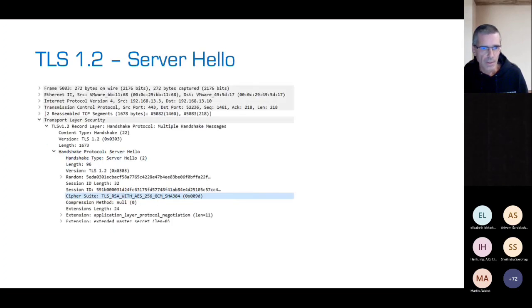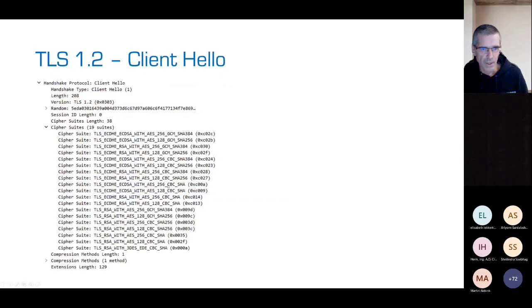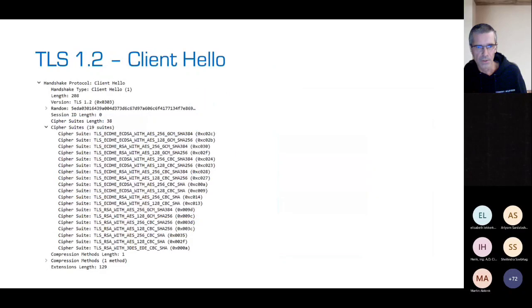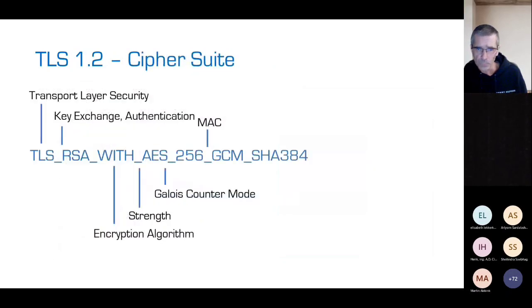As you can see here in the cipher suite, we have GCM, but we also have CBC, and CBC stands for cipher block chaining. GCM is the most recent method of using encryption, because AES encryption is a block cipher, and GCM is one of the methods to protect this information. And then at the end here, we have SHA-384, which is my hashing algorithm.